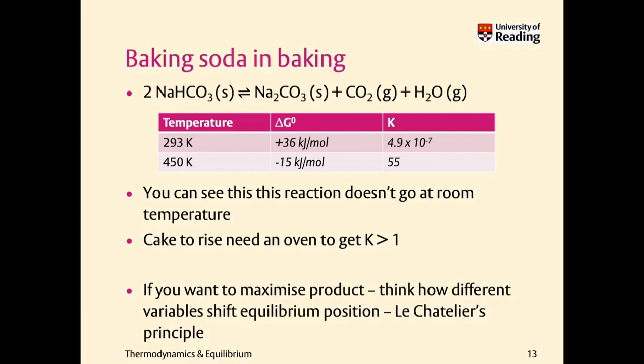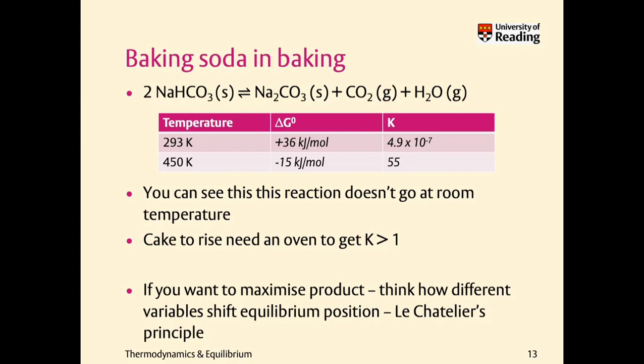So you can see that the equilibrium constant changes with temperature. It is not constant at different temperatures. It's only constant at a single temperature. And you can also see that baking soda doesn't work unless you have it in an oven or in a system where it's warm enough for the reaction to occur.